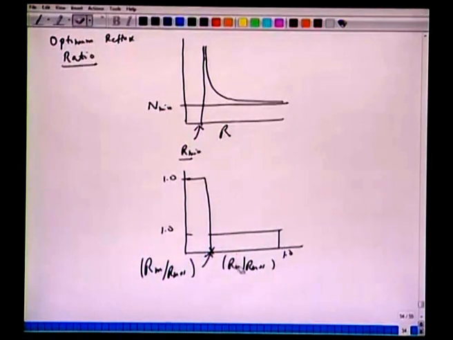So, we are plotting R over R plus 1, excuse me. This corresponds to this point here, Rm by Rm plus 1, and we can have a bounded curve like this going to 1 for infinite ratios. So, ultimately we have essentially the same curve plotted in different ways.